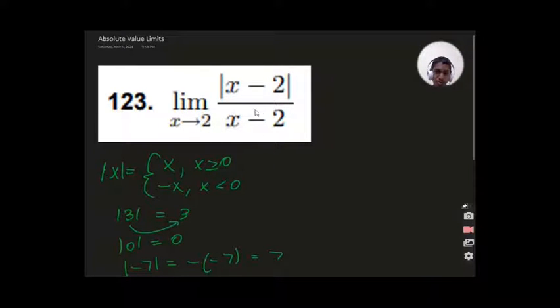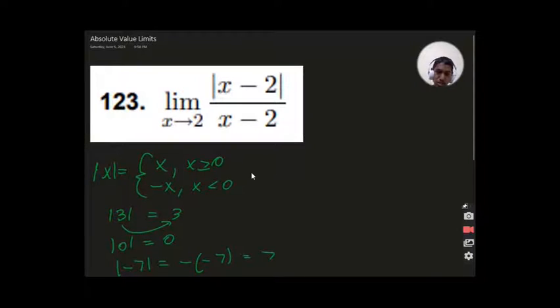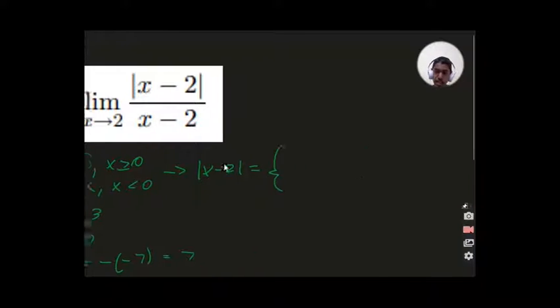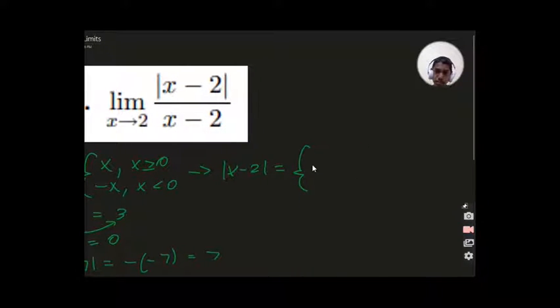We can extend this definition to the absolute value of x minus 2 and rewrite it. It's defined piecewise as x minus 2, as long as x is at least 2, but it's minus the quantity x minus 2, so it's a little more clear, if x is less than 2.